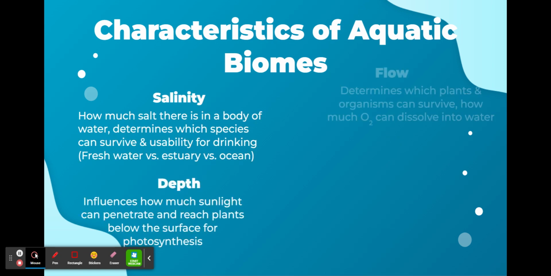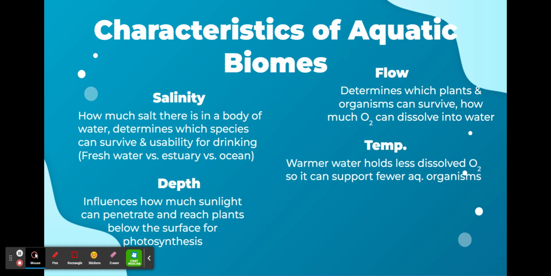These aquatic biomes are going to depend on salinity, which is the saltiness, and the depth, which is how deep they are, because the sunlight penetration is going to make more or less photosynthetic organisms live there, depending on how deep or shallow the water is. The flow determines which plants and organisms can survive and how much oxygen can dissolve into water. And the temperature, of course, is a big one too. Water too cold cannot have life in it.